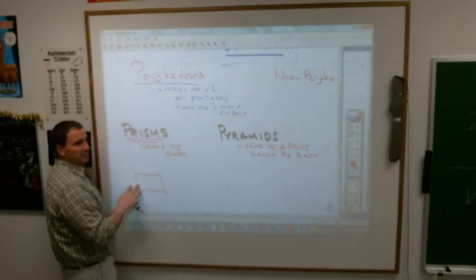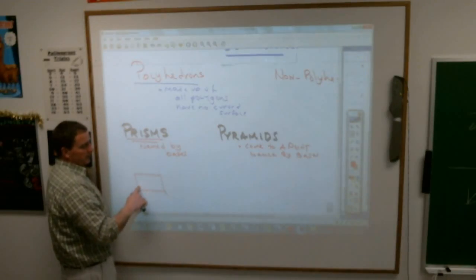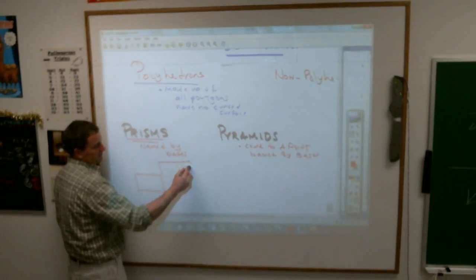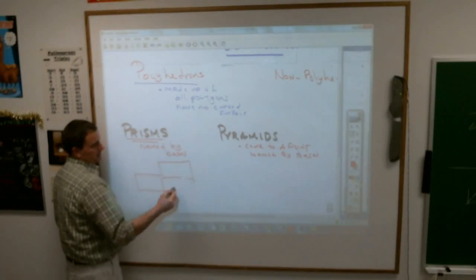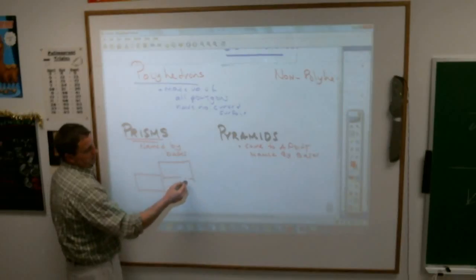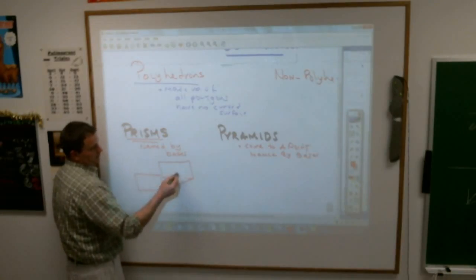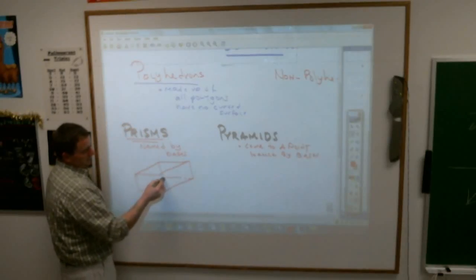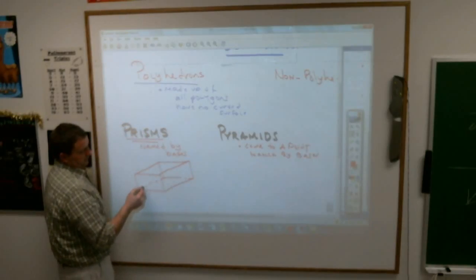The best way to do that maybe is this. You draw this rectangle, try to draw an identical rectangle kind of up and to the left of it. If you have two of those identical rectangles, you can connect the corners. And you get yourself just a real nice looking prism.